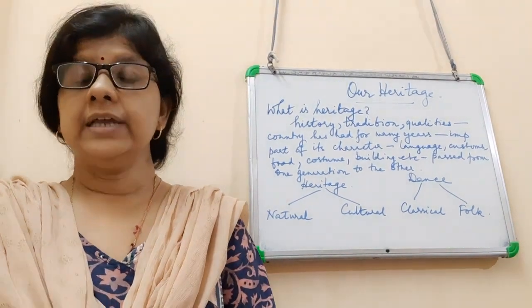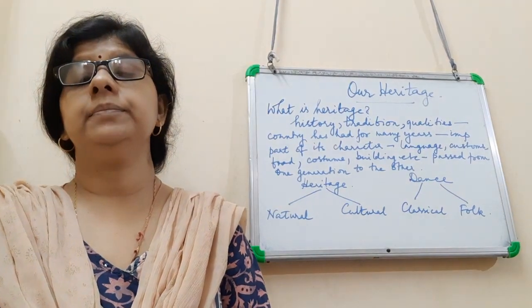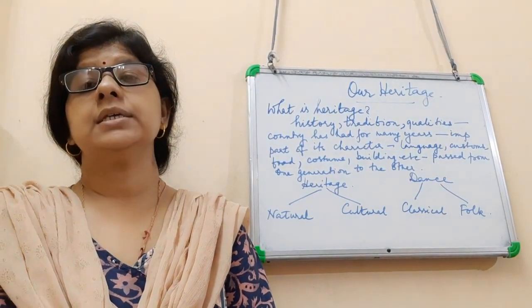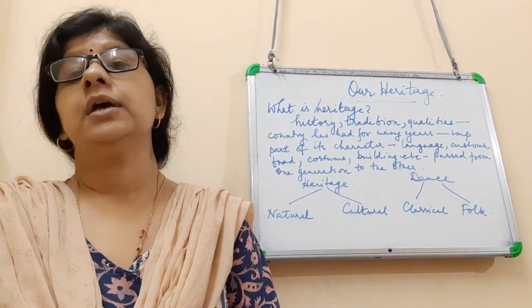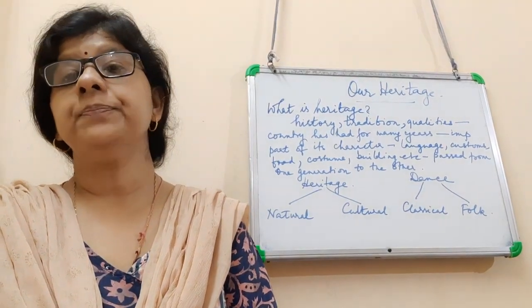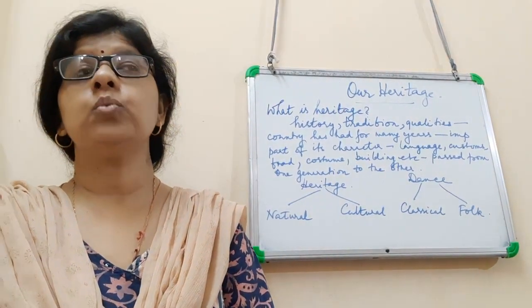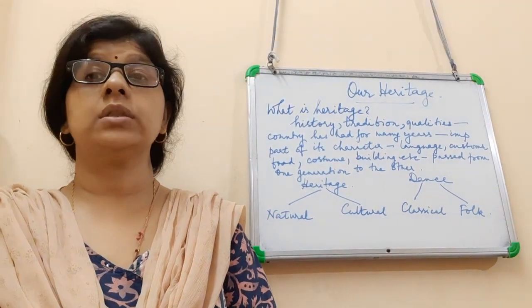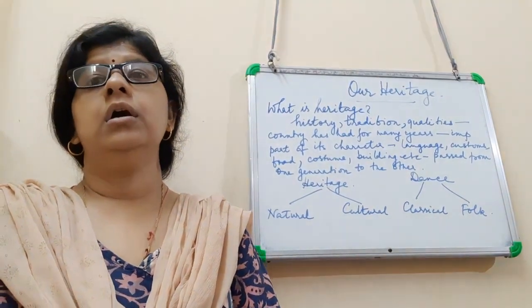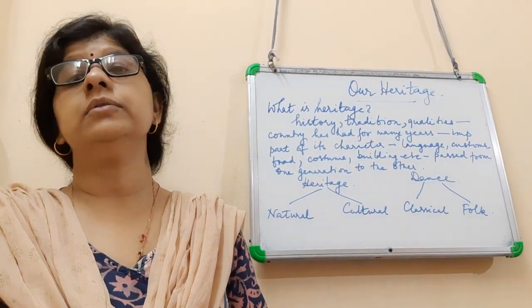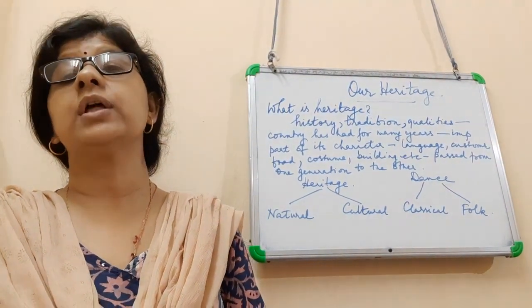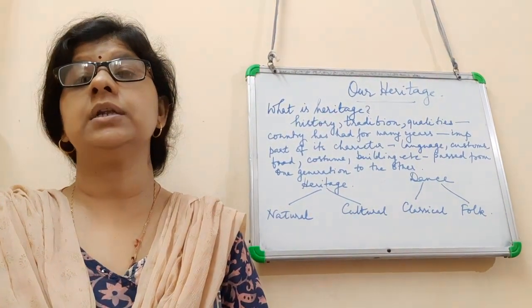Today we are going to revise the next chapter, that is our heritage. We have already done this chapter and we have seen what is heritage, then what are the types of heritage, then under the types, what are the different things that come under.